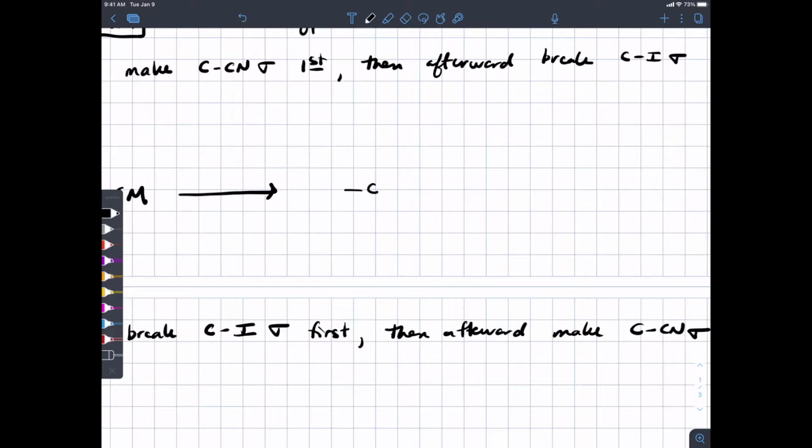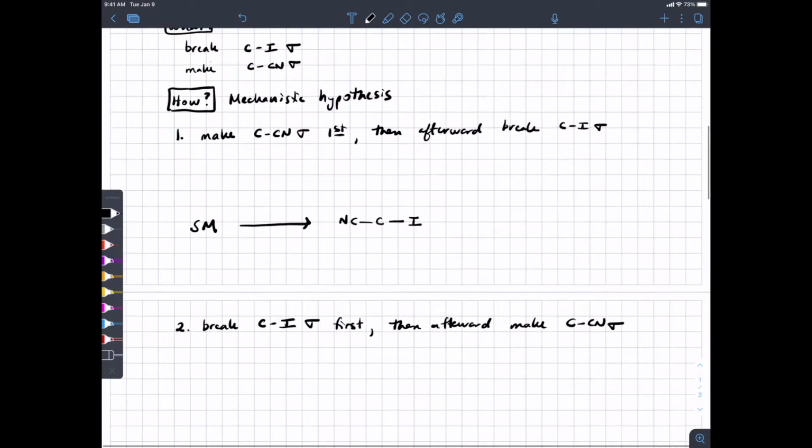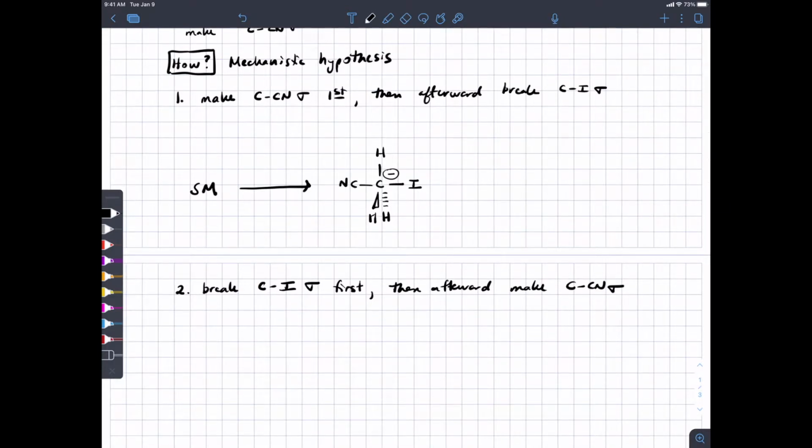You'd have a new bond between carbon and cyanide. At the same time, you'd have the old bond between carbon and iodide, and then you'd have 3 other things, the carbon-hydrogen bonds attached to the carbon with a negative formal charge on the carbon.